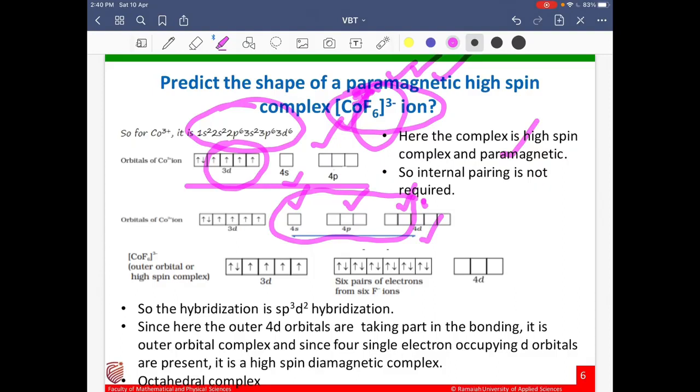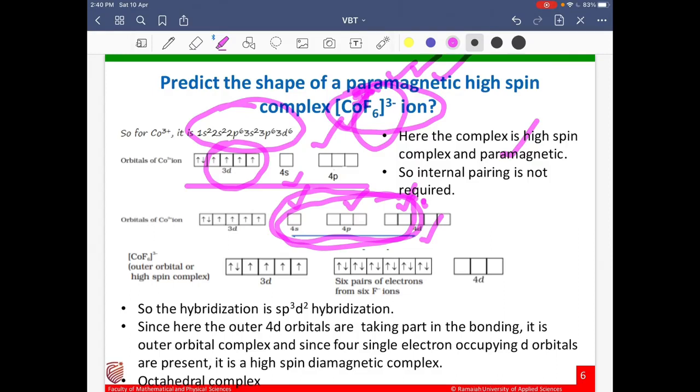So these 6 orbitals will undergo hybridization and form 6 hybridized orbitals, and these 6 hybridized orbitals will form coordinate bonds with the ligands, which are 6 fluoride ions.